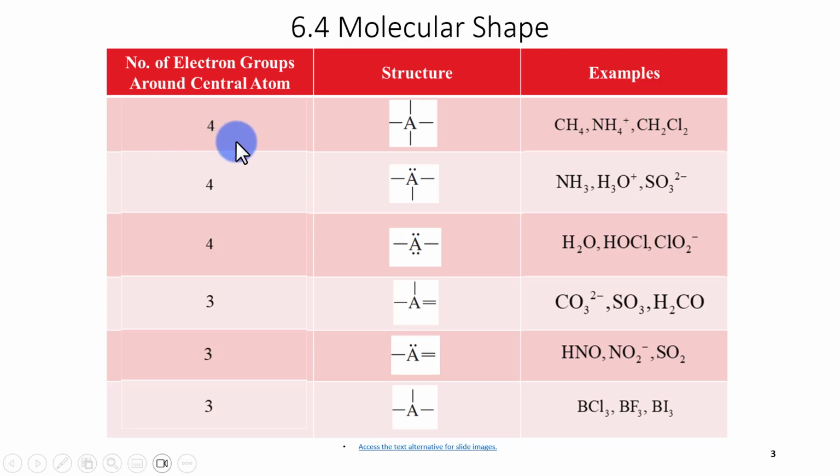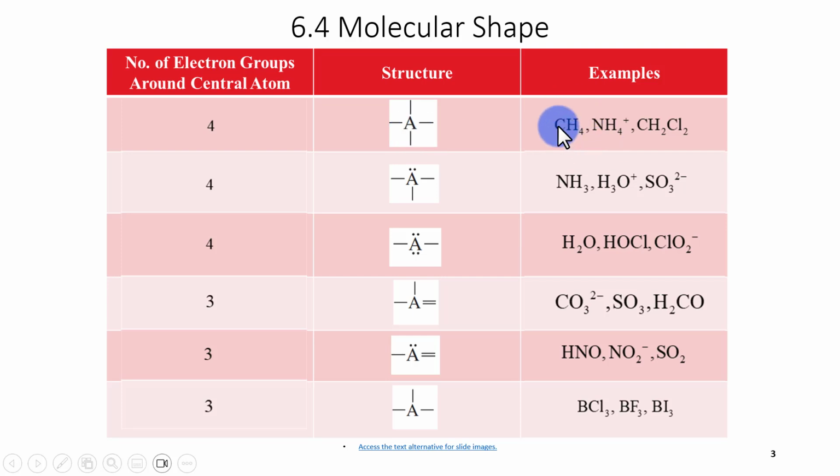What are the different possibilities? Well, I have 3 different possibilities. I can have a single bond in each of those spaces, so I can have 4 single bonds around my central atom A. Here are some examples of molecules that have 4 single bonds around the central atom.